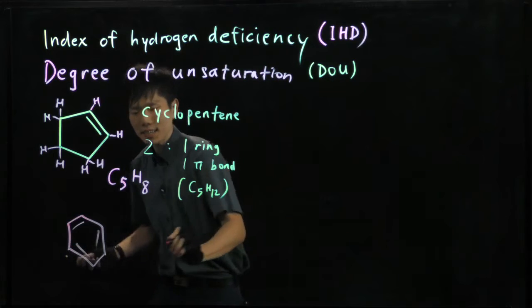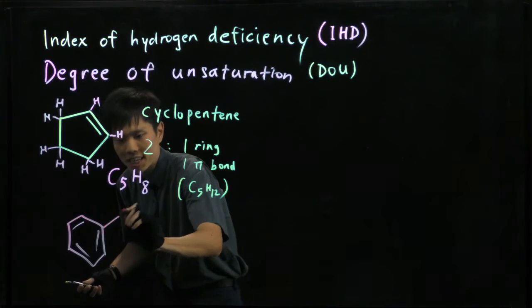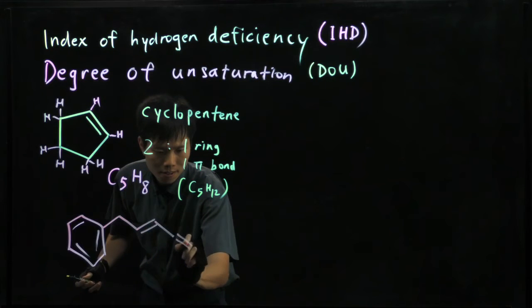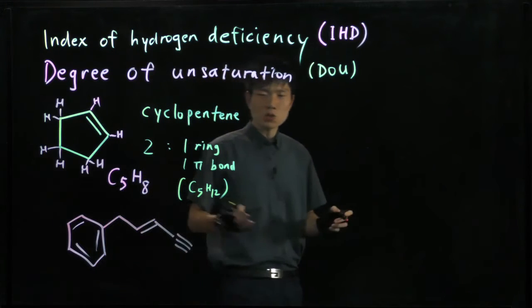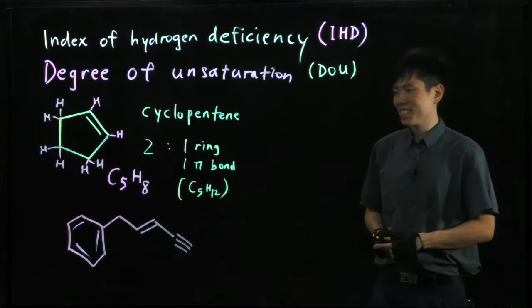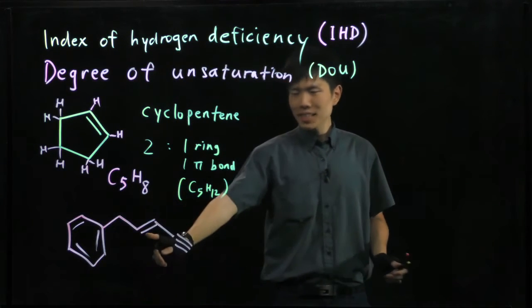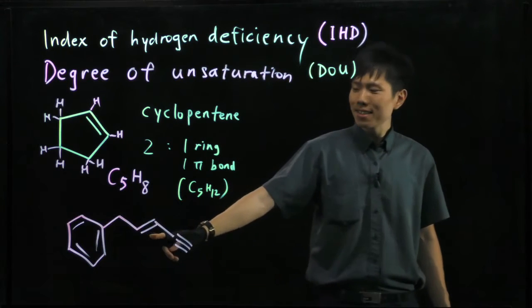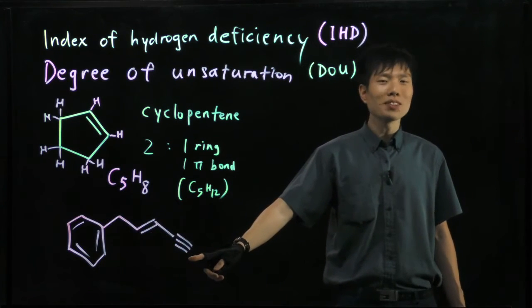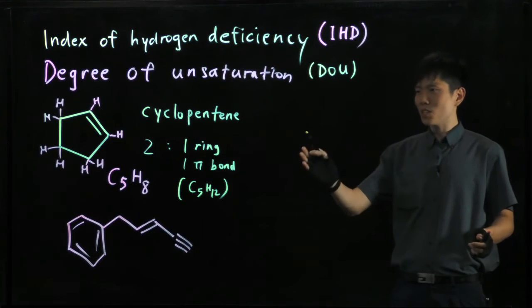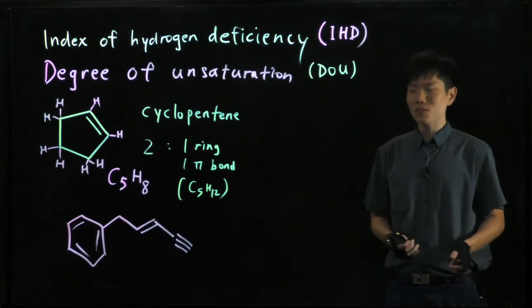I see a benzene here, but let's make it more interesting. Okay, what are the functional groups present? Let's revise. A ring, a benzene ring, a double bond, this is the alkene, and a carbon-carbon triple bond, that's the alkyne. So, take some time and see what is the total degree of unsaturation in this molecule.